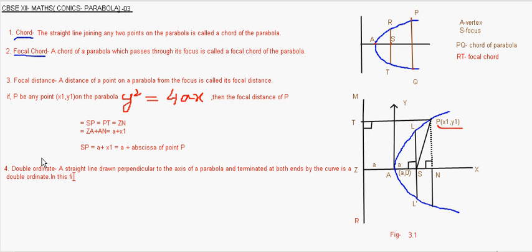In this figure, PP dash is a double ordinate.